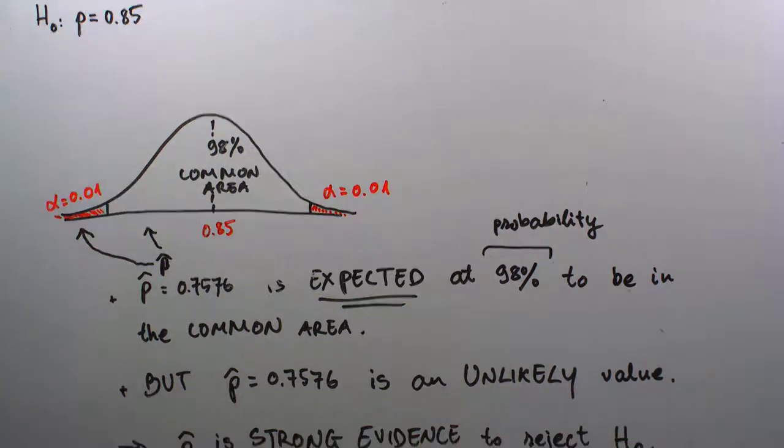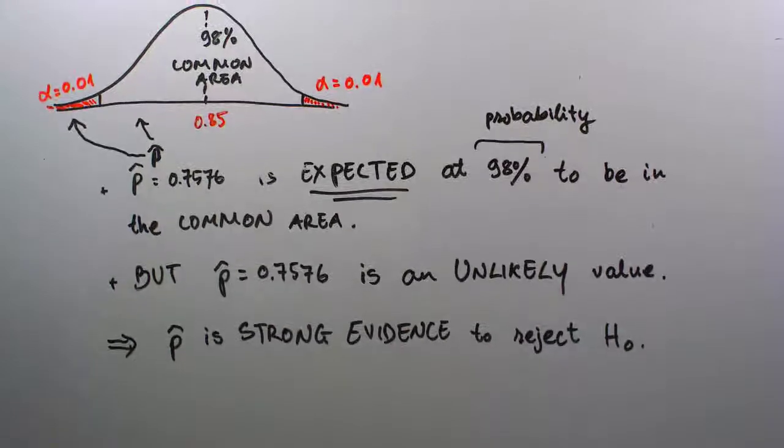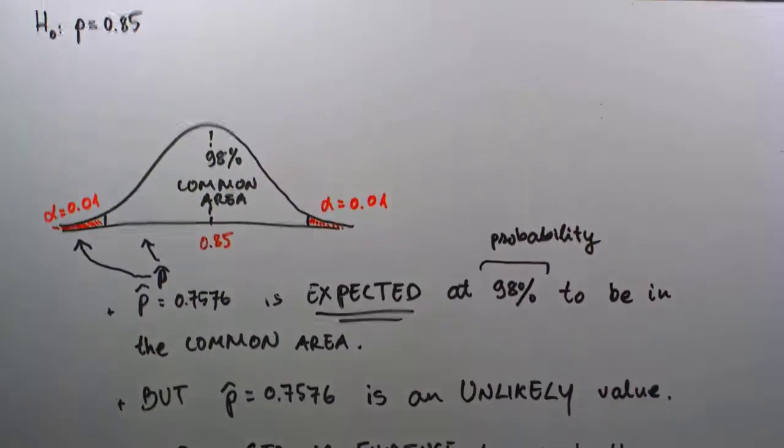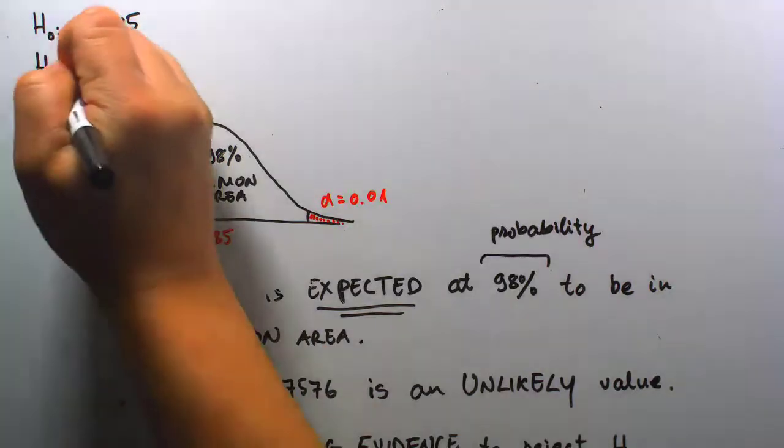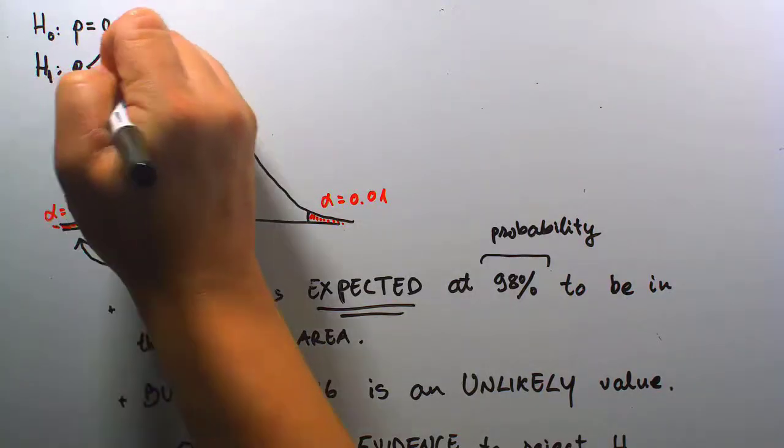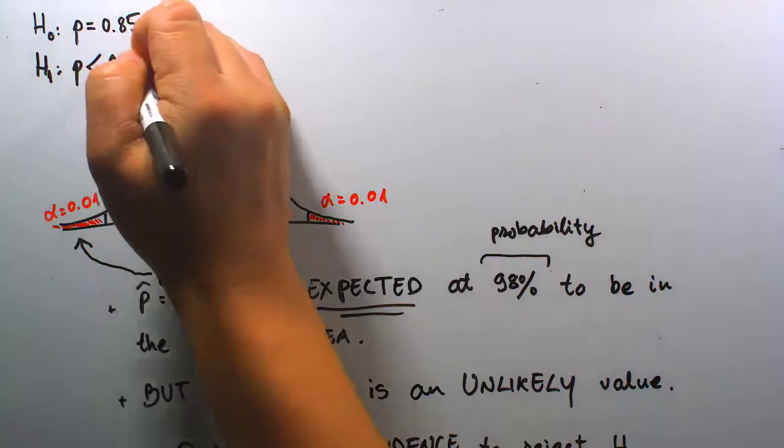But now our sample is strong evidence that we have to reject that null hypothesis. Also we can say p hat is strong evidence to support the alternative hypothesis H1, generally saying that the proportion of iPhone users in the world should be less than 0.85.